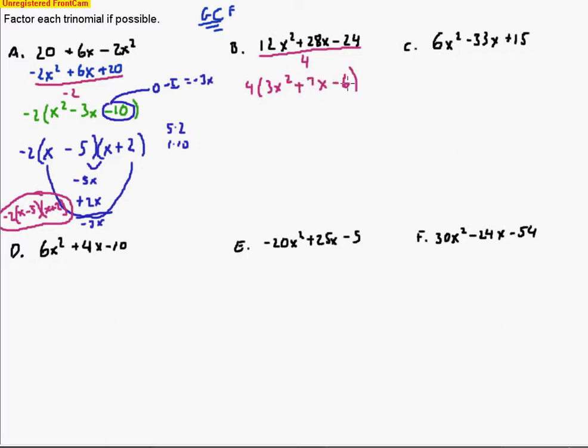And that made the problem a whole lot easier because now we've got a prime number as our first term in the trinomial. And so I'm going to go ahead and start with that 3x and x. Now I need numbers that multiply to make 6. So when I do that, I'm thinking of 2 and 3, 3 and 2, 1 and 6, 6 and 1. But I know that the outside and inside terms need to subtract to make a 7x.